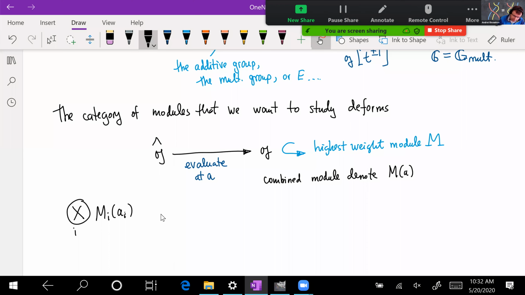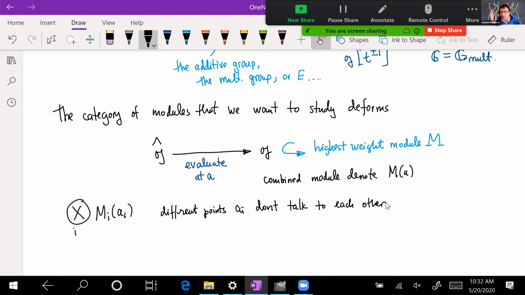You have some polynomial, and you allow yourself to evaluate the polynomial at different points. The points a_i don't talk to each other. In other words, if you allow yourself a polynomial, it can take any given value at any finite set of points.